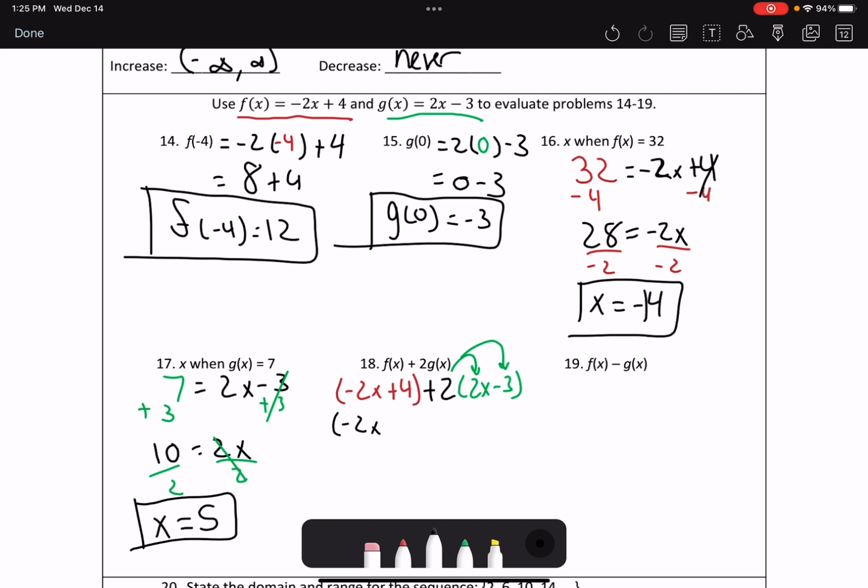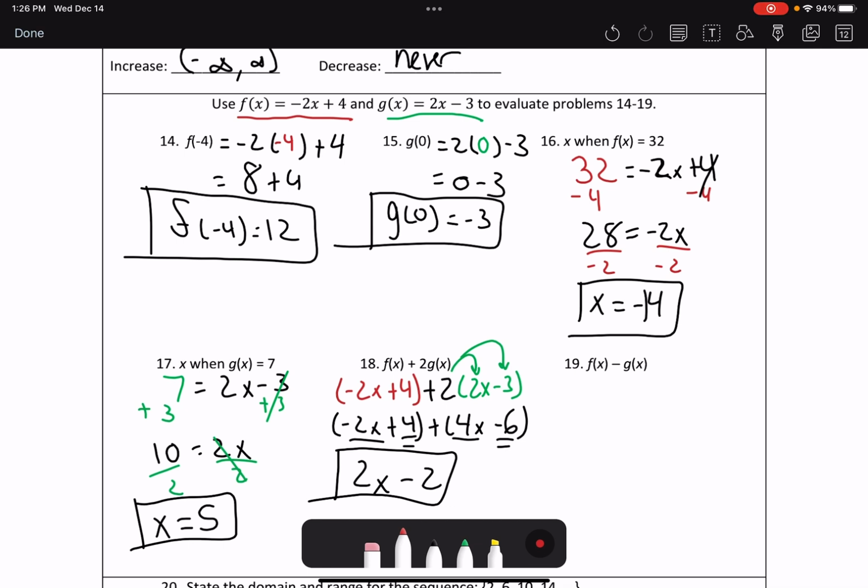So I have negative 2x plus 4 plus 4x minus 6. Because it's addition, I can now just combine like terms. Negative 2x and 4x is going to give me a positive 2x. And then 4 minus 6 is going to give me a negative 2. So therefore, f of x plus 2g of x simplifies to 2x minus 2.